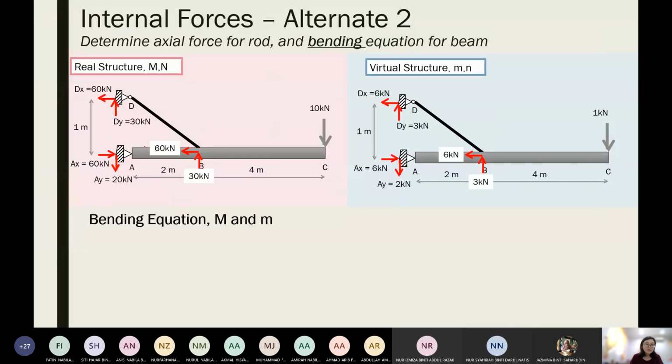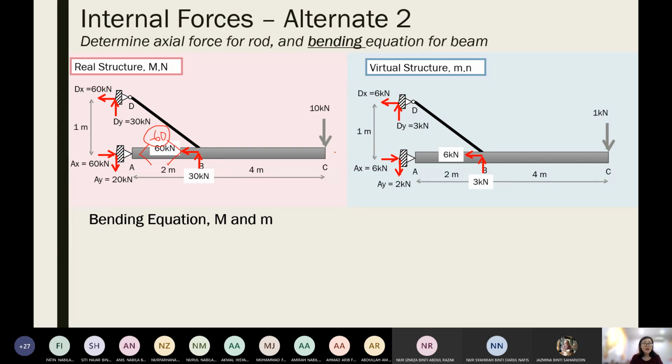Therefore the force for AB will be like this: 60 compression for AB.